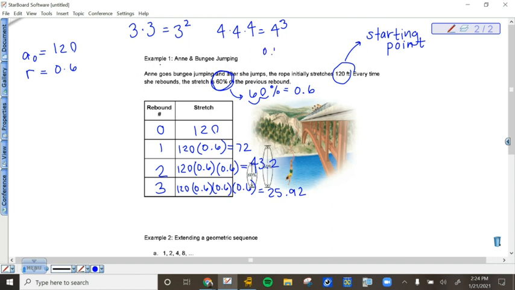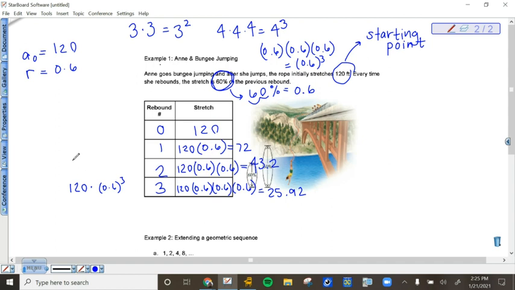If I have 0.6 times 0.6 times 0.6, what's that going to equal? To the what power? Third. Yeah. So after the third rebound, a simpler way to write our equation here is 120 times 0.6 cubed.